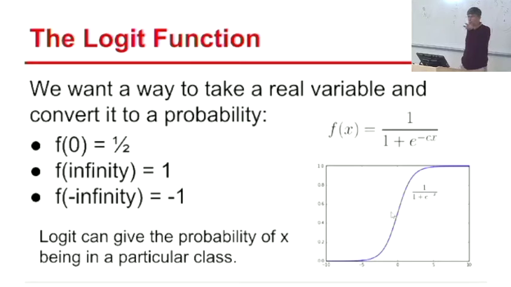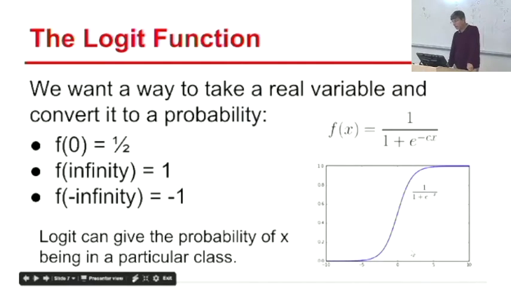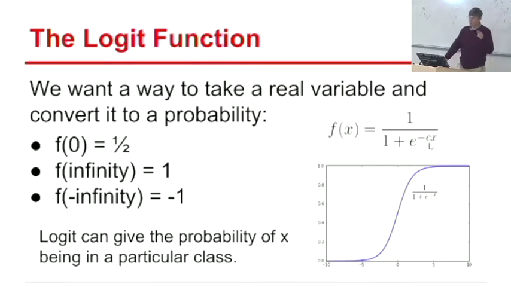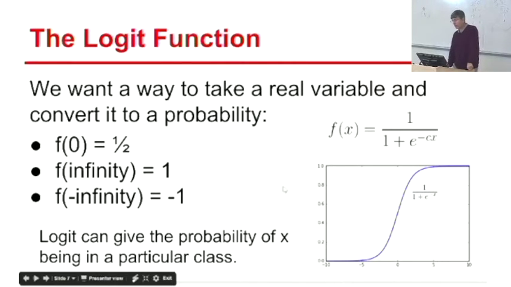Okay, any questions? So the property that is good here is that if we take x as a variable of in-classness, let's say x was a variable that got higher the more likely it was for an element to be positive. If we interpret the value from the Logit function as the probability of it being positive, for a very positive thing, the probability will get close to 1.